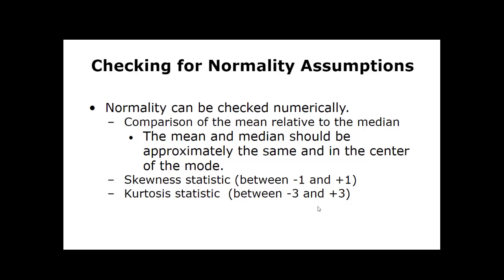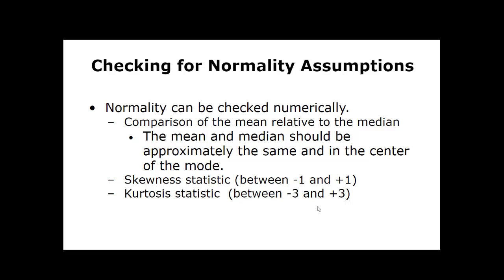If the data is too pointed, the mode is too pointed, you're looking at a leptokurtotic curve, and that is excessively positive. Think of it as the y-axis. The mode is going up the y-axis, so it's becoming more positive.